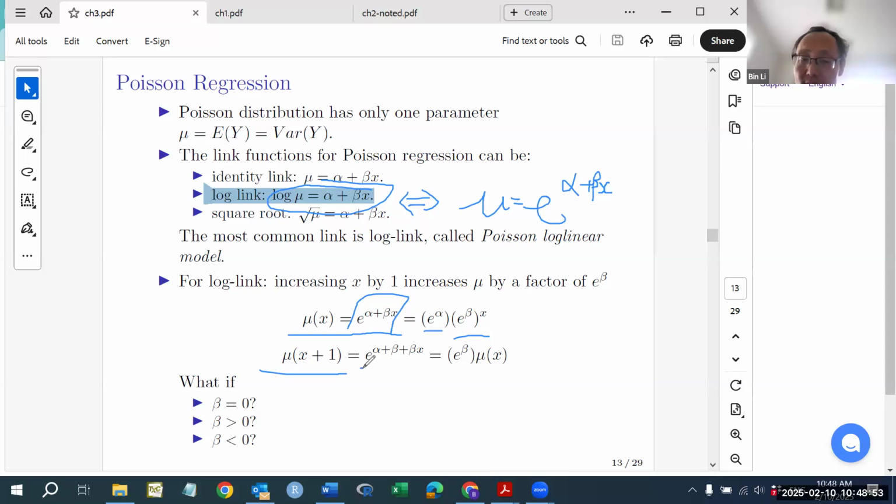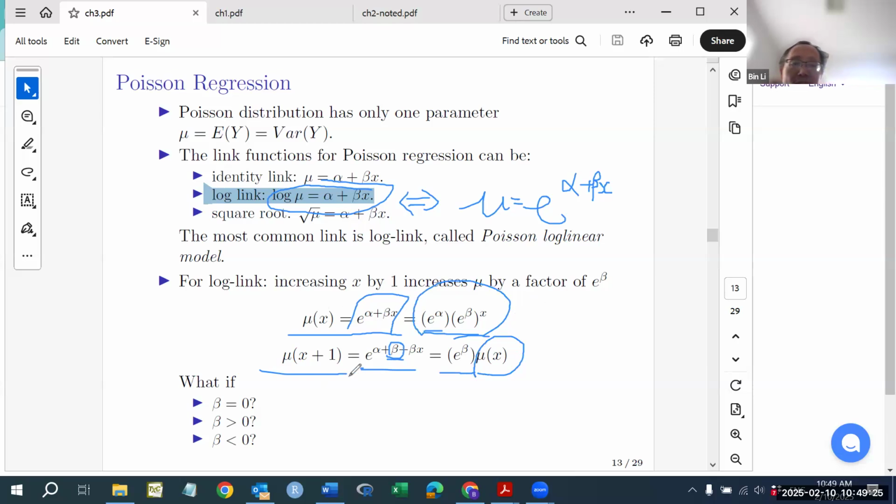That will be e to the power of alpha plus beta times x plus 1. Because this time we have x plus 1 instead of x, we have an extra beta. So we can write it as e to the power of beta times mu x. What is mu x? Mu x is this one, right?